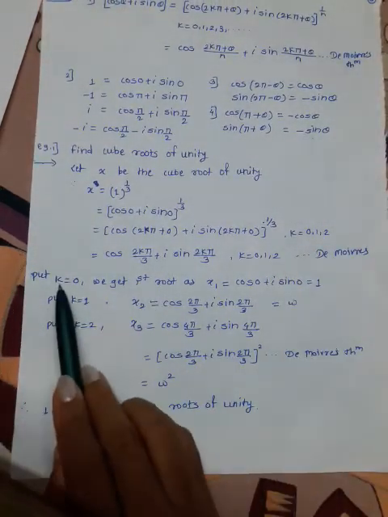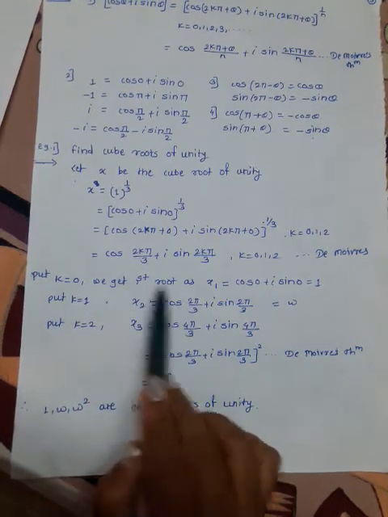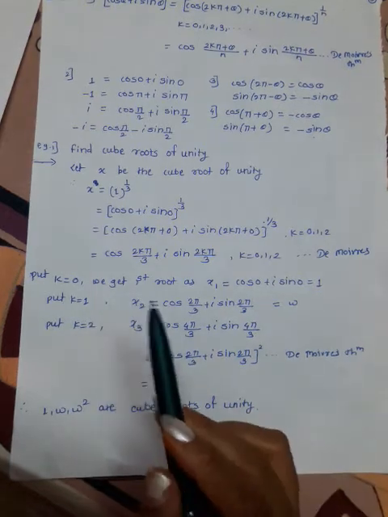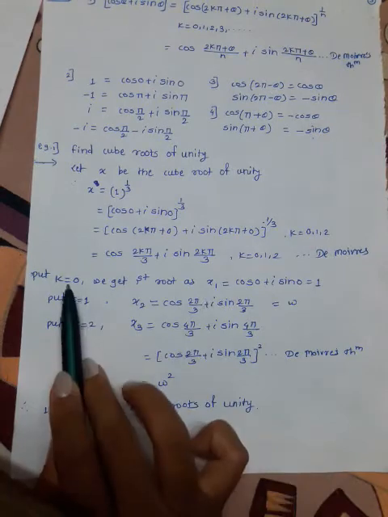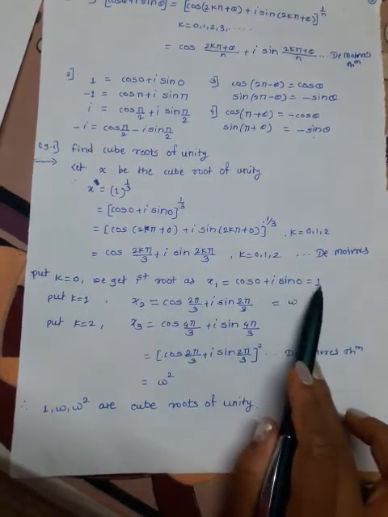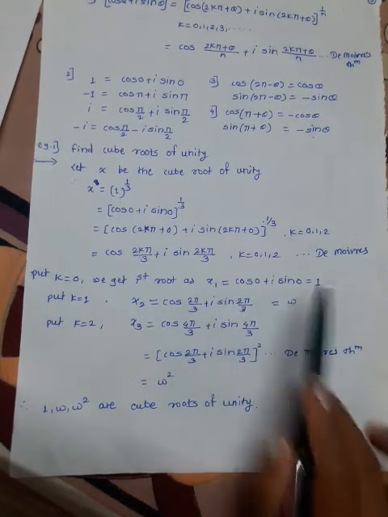Now put k is equal to 0 in this equation, we get the first root. Call it the first root x1, second root x2, third root x3, and so on in every example. Now x1: put k is equal to 0 here, we get cos 0 plus i sin 0, that is value 1. We get one root as 1.